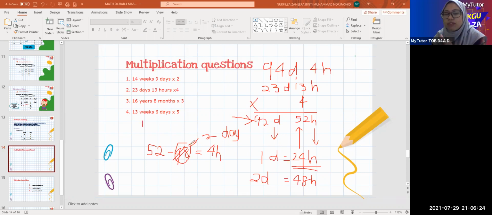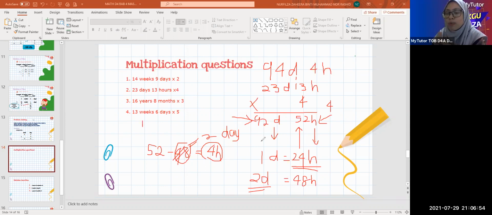So bila you dah buang 48 hours tadi, your remaining hours is 4 je tinggal. You have remaining 4 hours dekat sini. So sebab you dah bagi 48 jam, 48 jam tu bersamaan dengan 2 hari. So 2 hari ni kena letak dekat hari, tak boleh letak dekat jam because dia dah jadi hari.